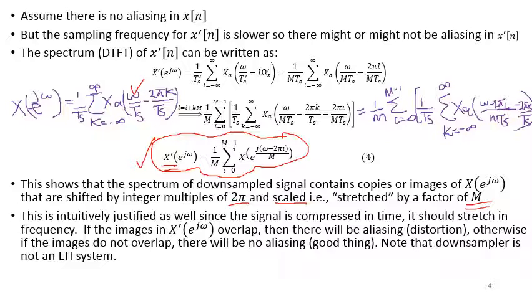So if images in x prime of e^j omega overlap, then there will be aliasing distortion, right? Otherwise, if images do not overlap, there will be no aliasing.